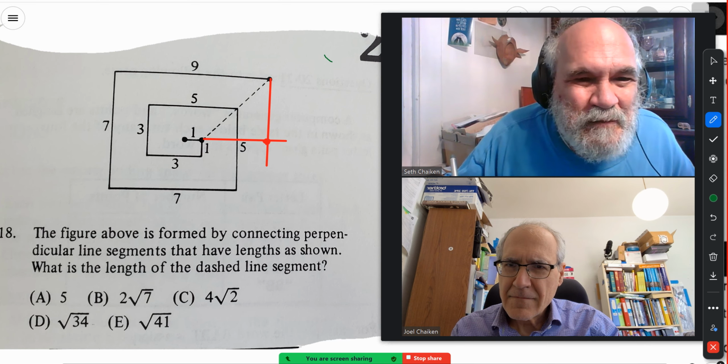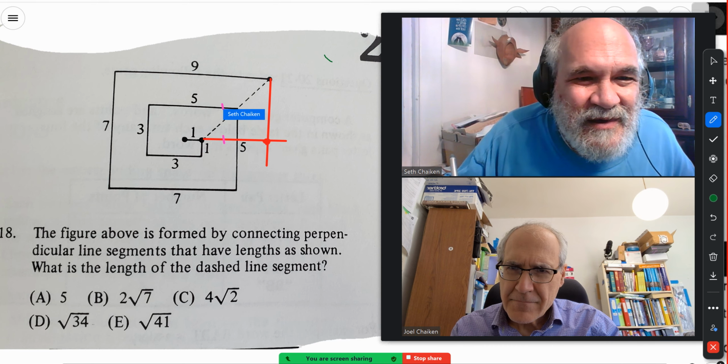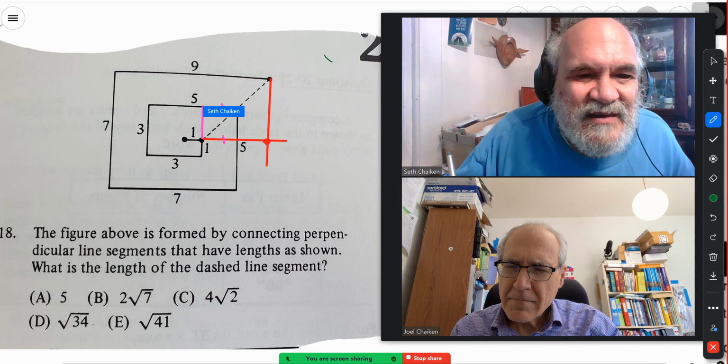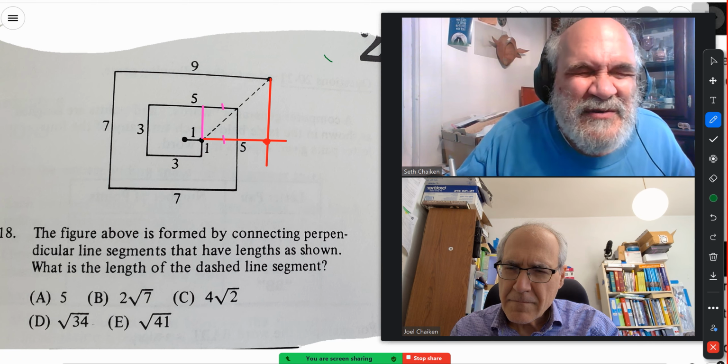This length from here to here is equal, if I pull a vertical here, this length is equal to this. And so I have to figure out what that is. That's a pain. Oh, wow.